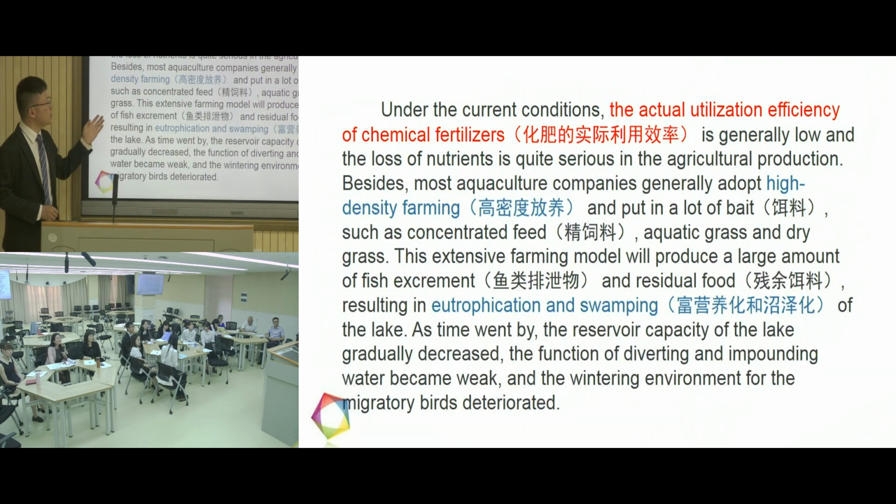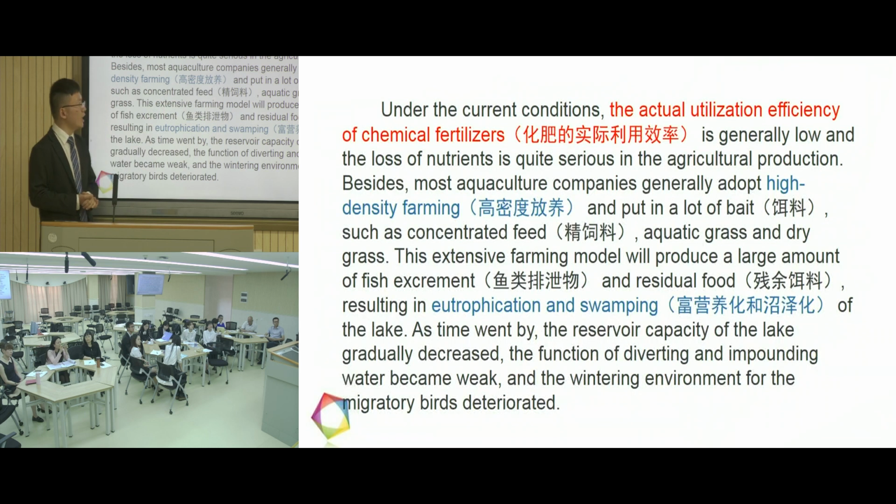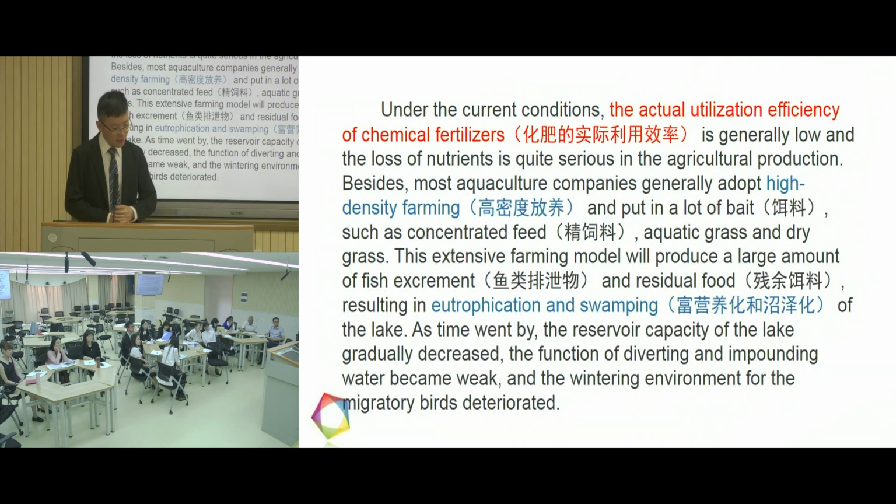Under the current conditions, the actual utilization efficiency of chemical fertilizers is very low, and the loss of nutrients is quite serious in agricultural production.